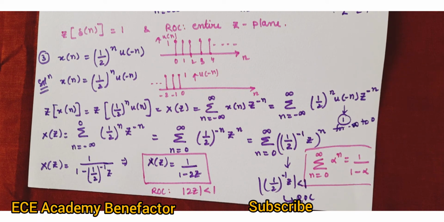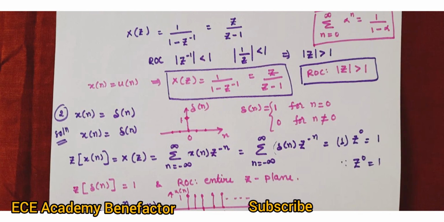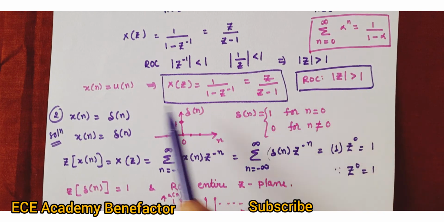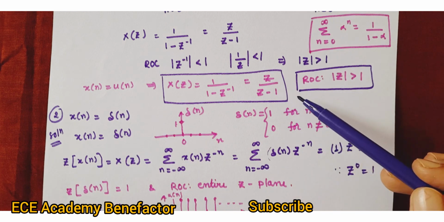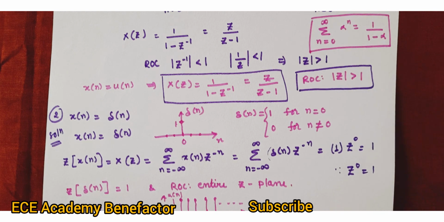Okay. We have seen 3 problems in this class. That is, the first problem is to find the z transform of x of n, where x of n is u of n. So, the z transform will be z by z minus 1. ROC will be mod z greater than 1.